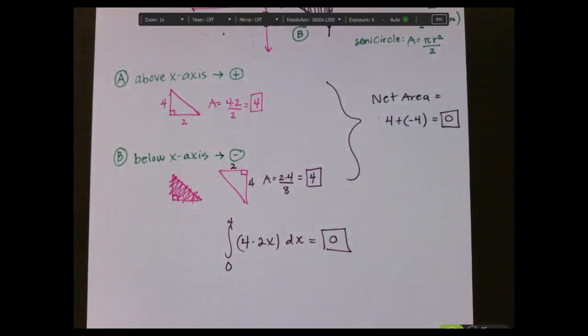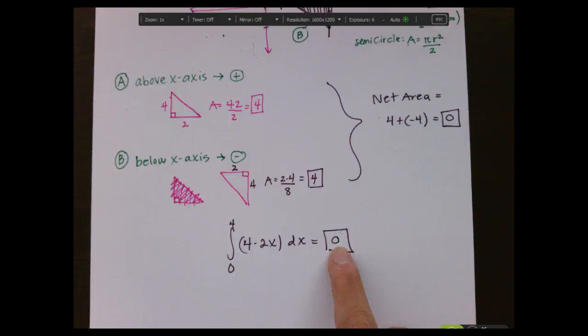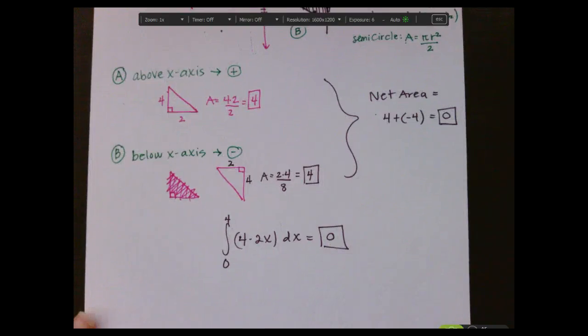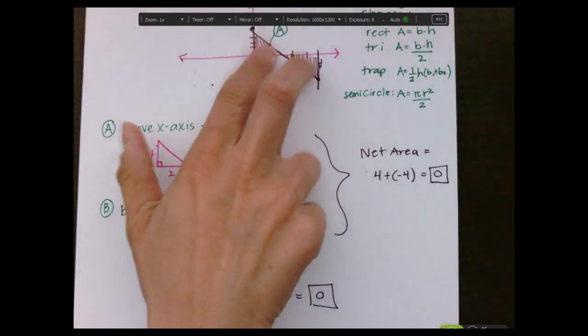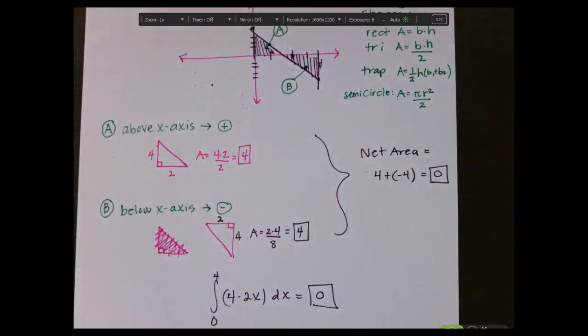And again, with the Riemann sum, we were able to approximate that, and it wasn't really that close. So the actual answer is 0. The reason that that happens is because of the nice symmetry where these two triangles are equal in area, and so they cancel each other out, one being above and one being below.